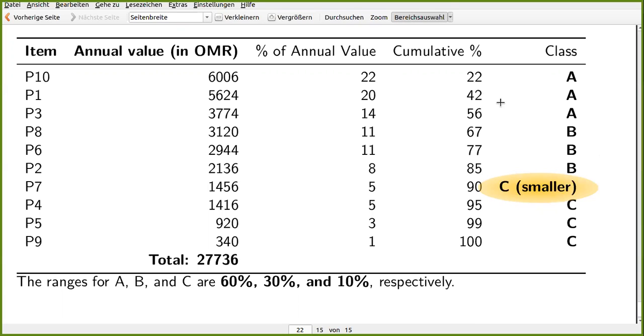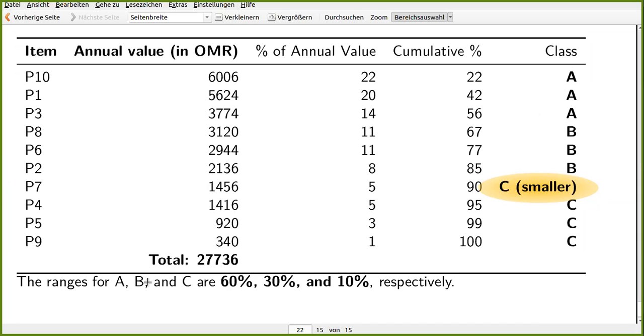Sir, I couldn't understand how to classify them, because you said class A will be 60 and below. But then when you come to B and C, everything is like greater than 30 and 10. Okay, that's good. For the A items, we look at everything that is smaller than 60.